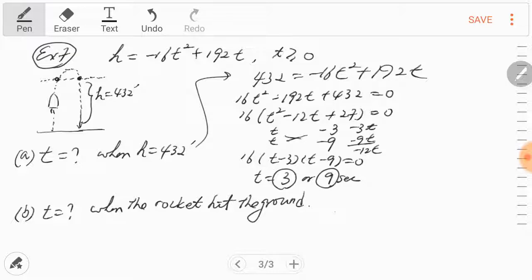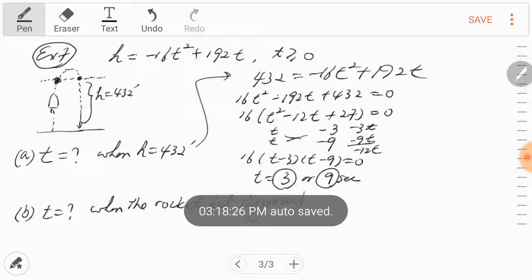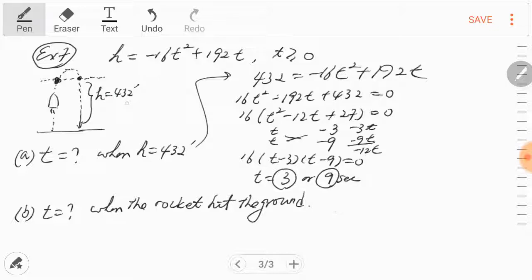Because when it goes up, after 3 seconds, it reaches 432 feet above the ground. And then once it goes to the top and falls down, it reaches 432 feet above the ground again. So there are two times, 3 seconds and 9 seconds.